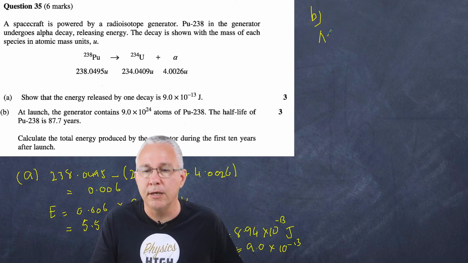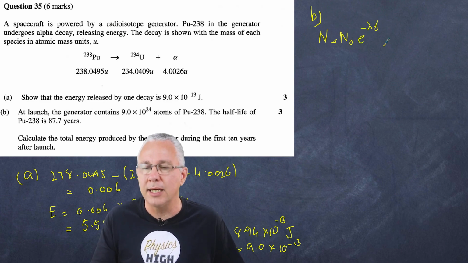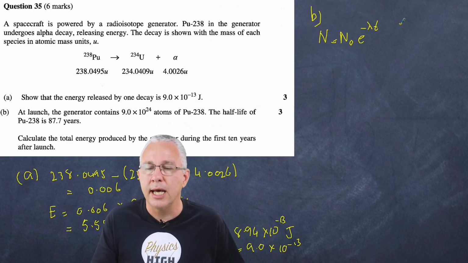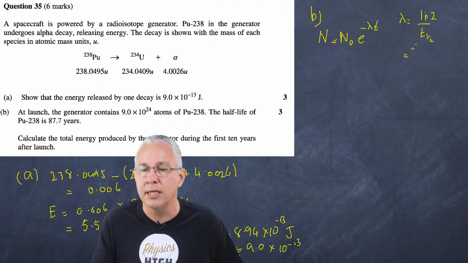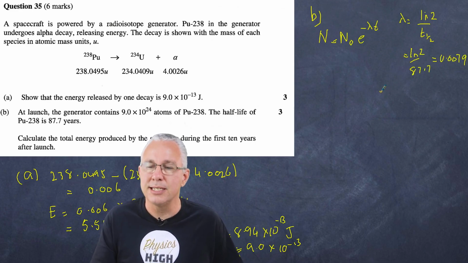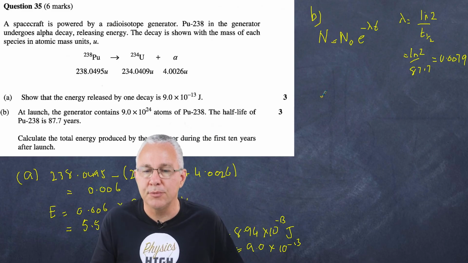So we know the formula for our half-life is N0 e to the negative lambda t. Now what is lambda? That is the decay constant, and our decay constant is equal to the natural log of 2 over the half-life time. So we can substitute this in, and so we get 0.0079.